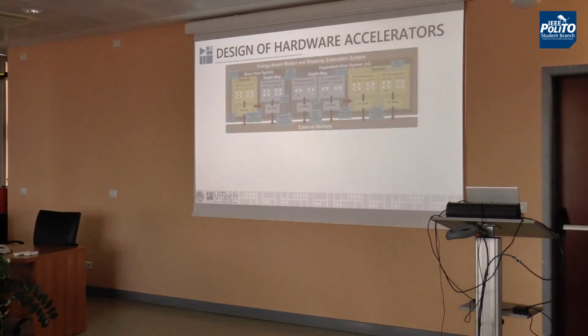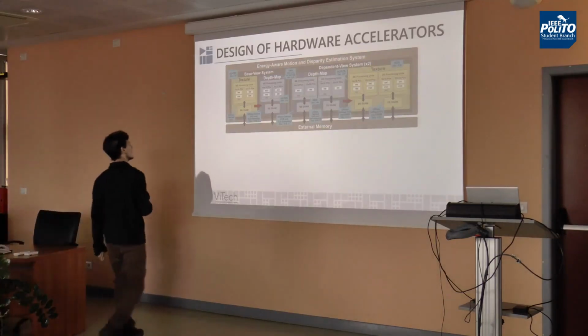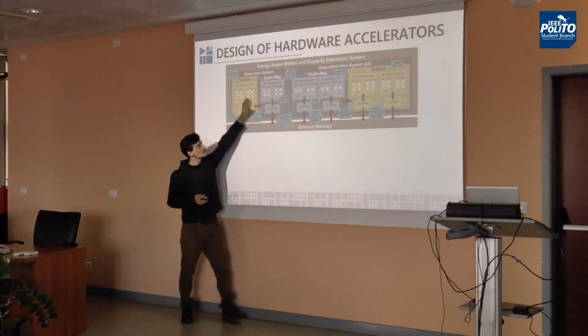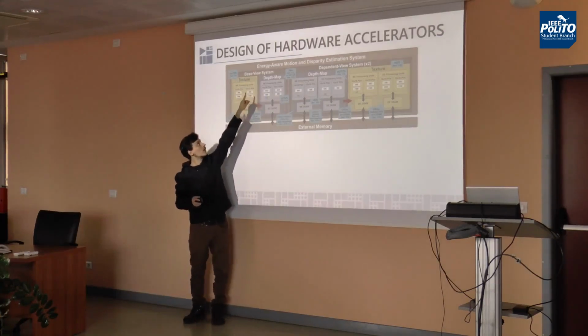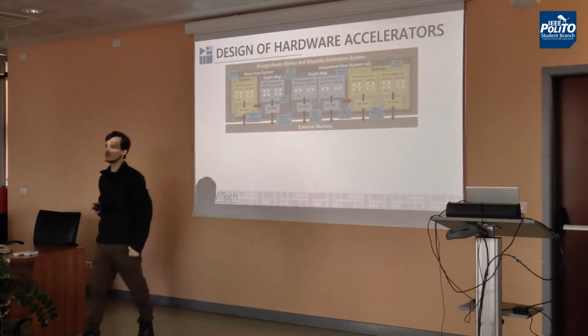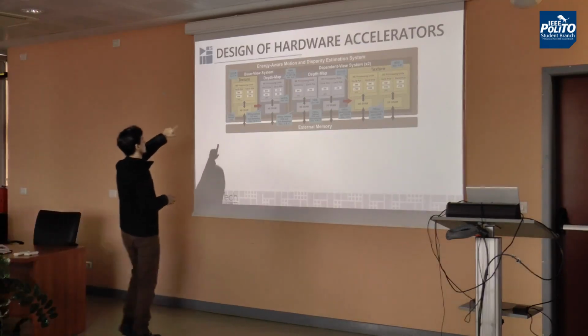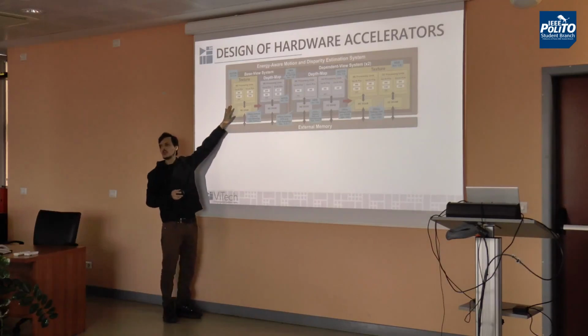The first thing that you need to see is this block here, called base view. The base view usually means the central one, right? If you have a non-3D display, you are just decoding the base view, and you are just decoding the texture. That means image.